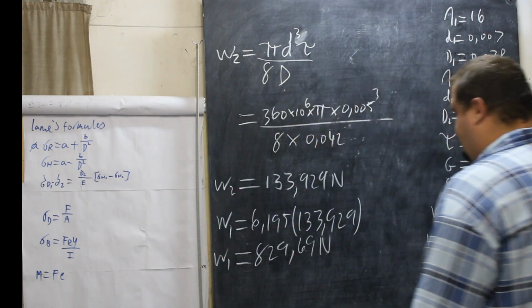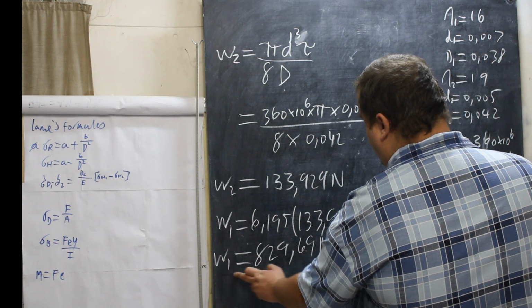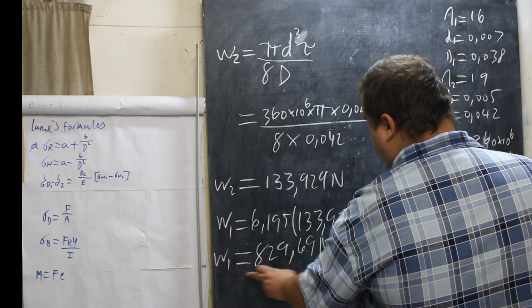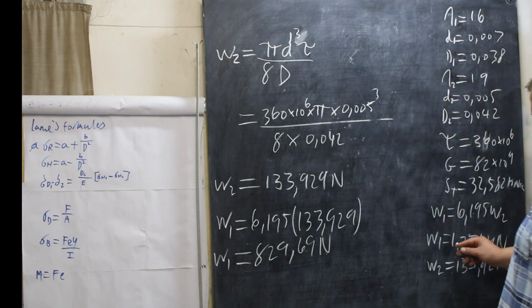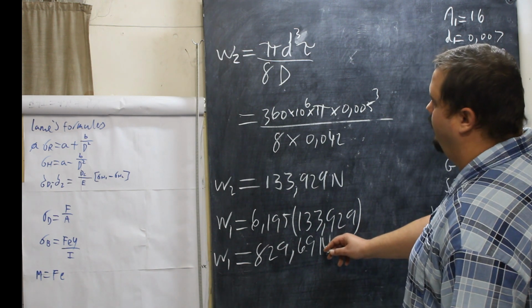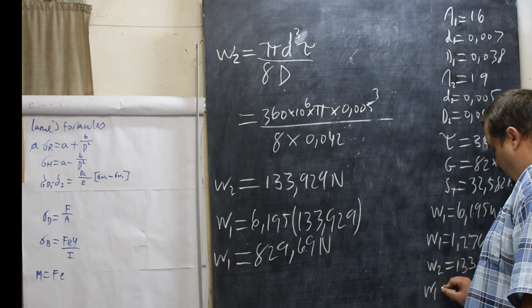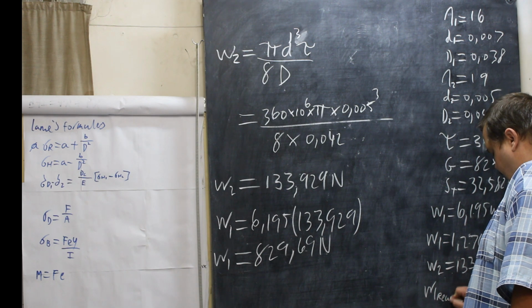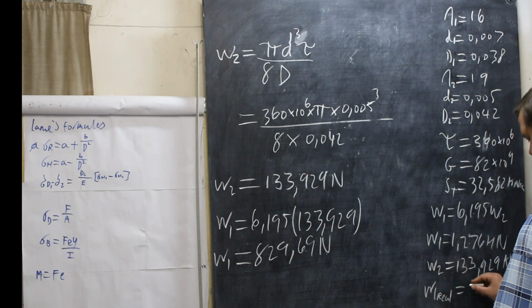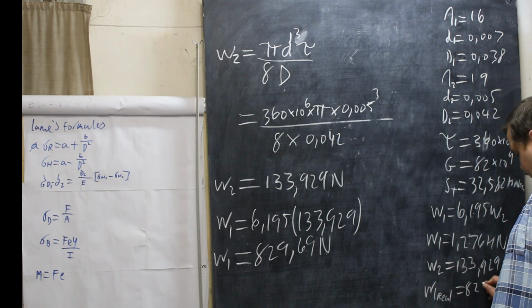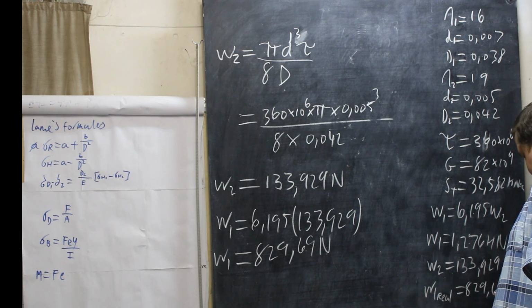Okay, this is the one that you will use all the time because this is the lowest. As you saw, this was the highest. You always use the lowest when you have compound springs. So W1, I'll say real, is 829,69 newtons.